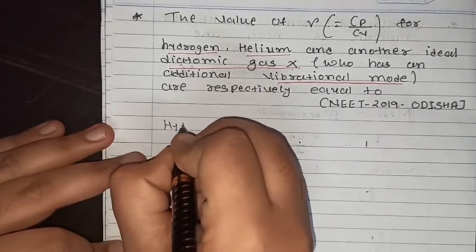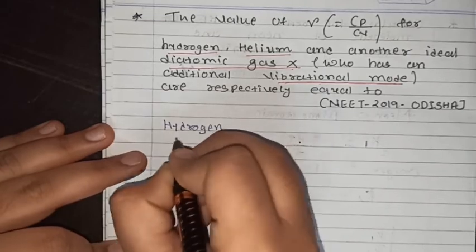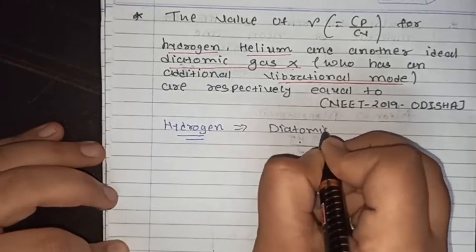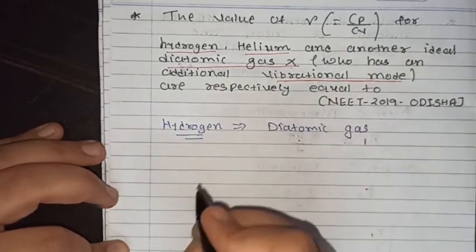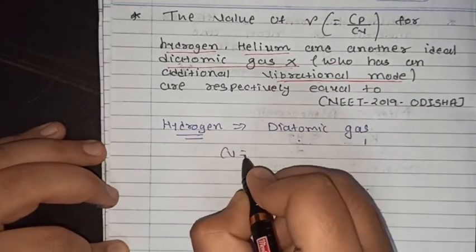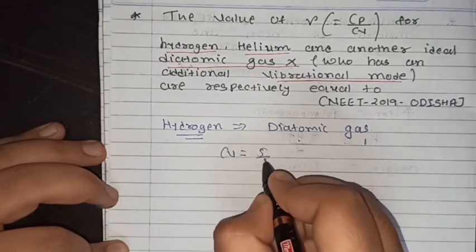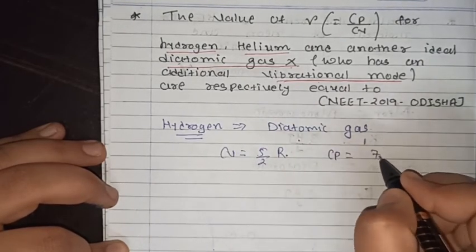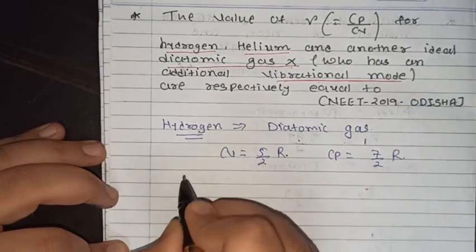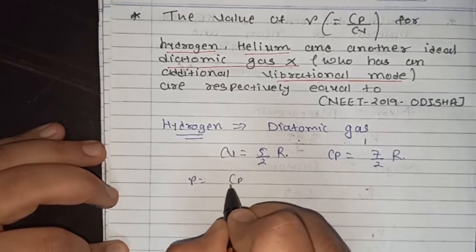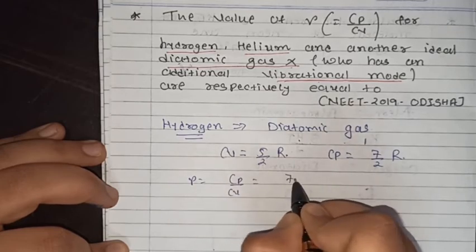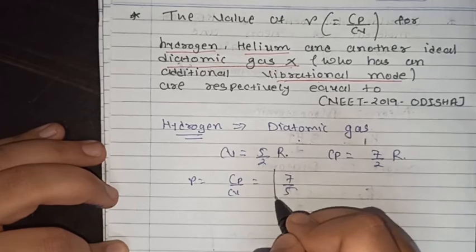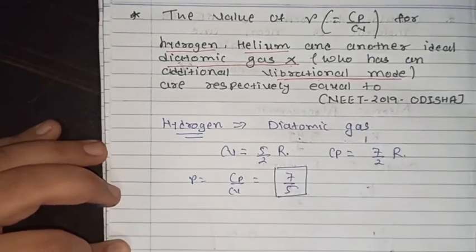For hydrogen, hydrogen is a diatomic gas. For that, Cv is equal to 5 by 2 R and Cp is equal to 7 by 2 R. So gamma is equal to Cp by Cv, that is equal to 7 by 5 for hydrogen.